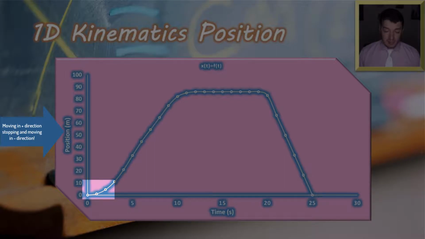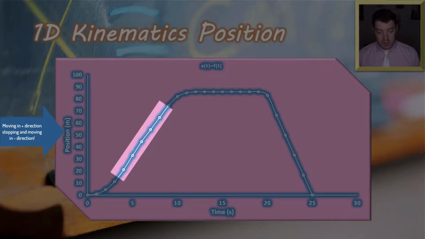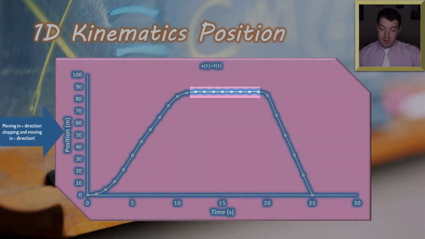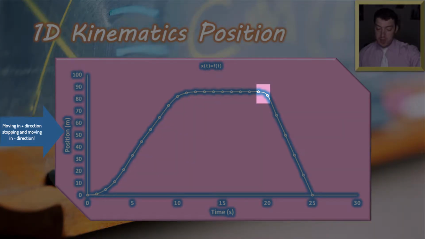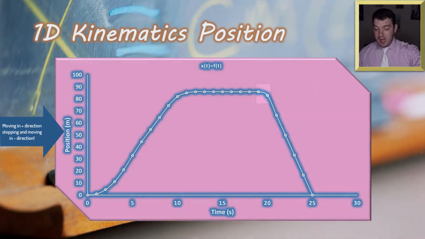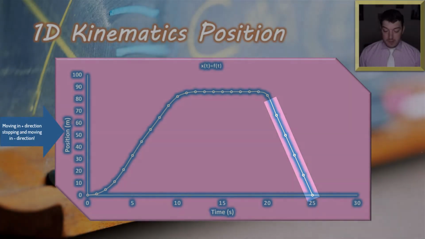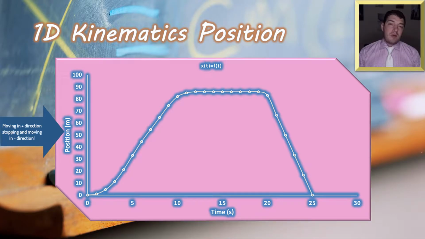So our velocity is increasing, then we see it gets a bit of a straight diagonal nature, so our velocity is constant, and then it goes to a horizontal where velocity would be 0, then it increases in the negative direction, so the velocity is going further away from 0 in the negative direction, and then it's got a straight diagonal, so it's a constant negative velocity for the remaining period of time.